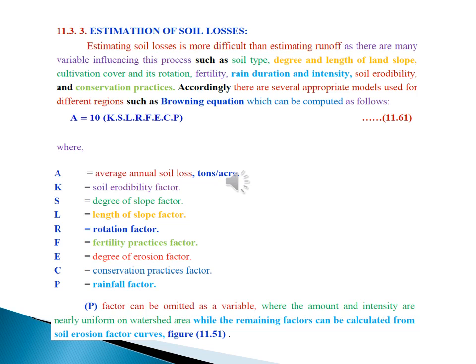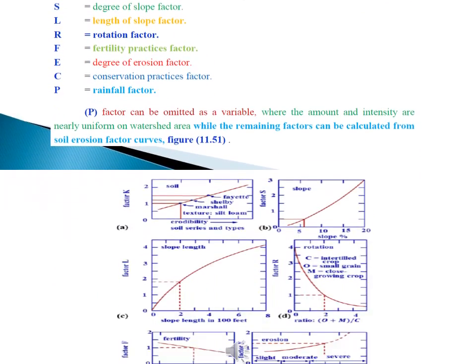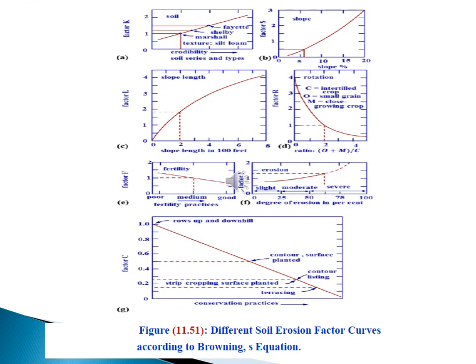Accordingly, there are several appropriate models used for different regions, such as Browning's equation, as shown in front of you, my dear. Follow it. It is so easy and clear. Figure showing different soil erosion factor curves according to Browning's equation.